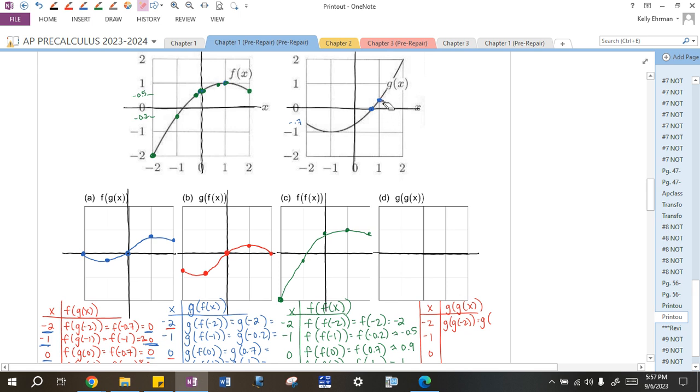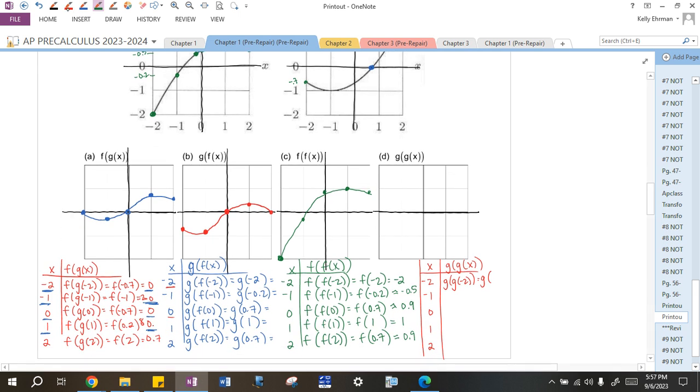Okay, so for g, when we're at -2, g's graph is at about -0.7. And if I go to g of -0.7, where do we hit the graph? Pretty close to -1, maybe like -0.9. So at -2, I should be at about -0.9.